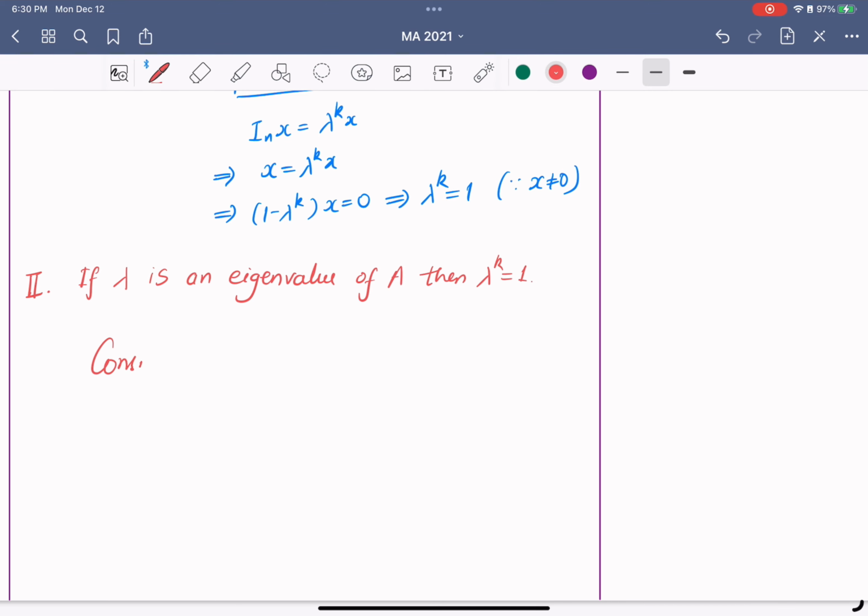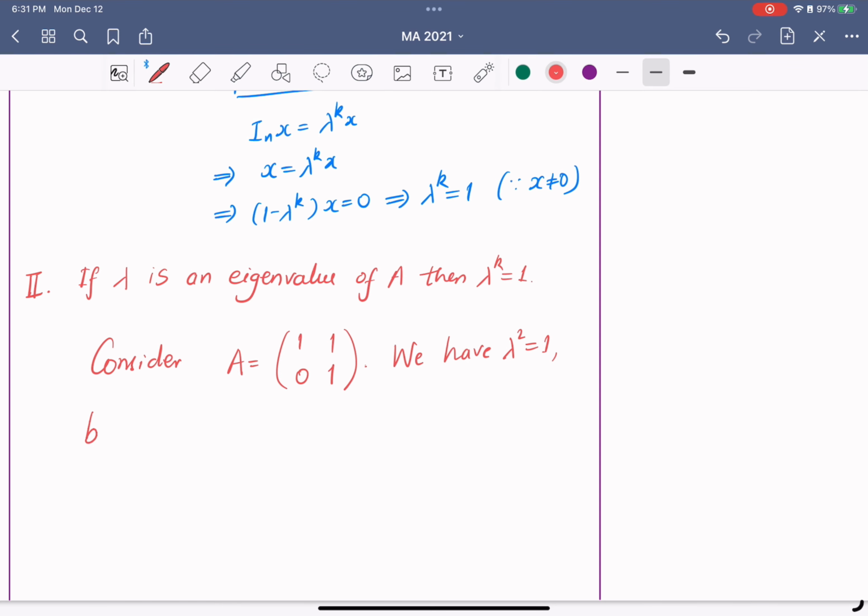For example, consider the following example: A is the matrix 1, 1, 0, 1. Now you can see that all its eigenvalues are equal to 1, which satisfy the condition that lambda square equals 1.